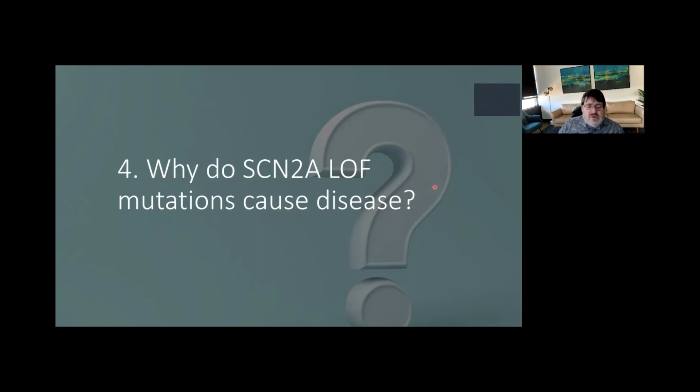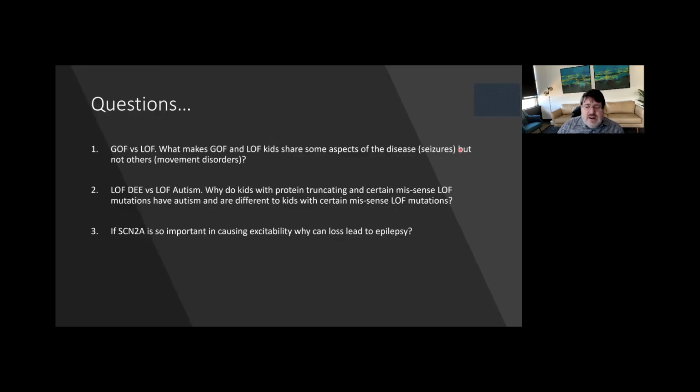So why do SCN2A loss of function mutations cause disease? There are three questions that help us in framing that overall question. We've got this whole issue, gain of function versus loss of function. They do share some aspects of the disease.